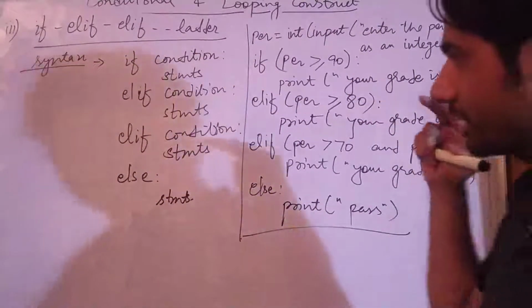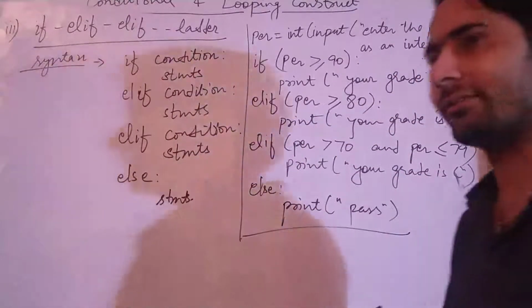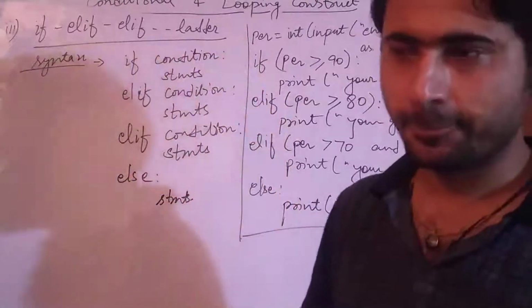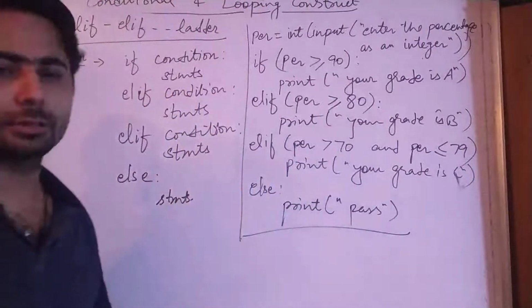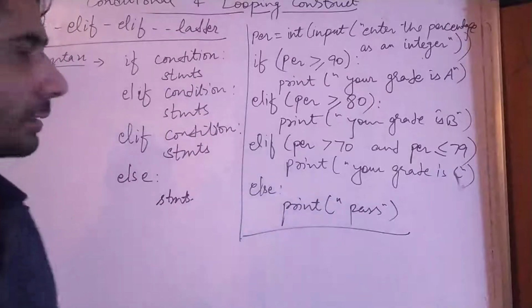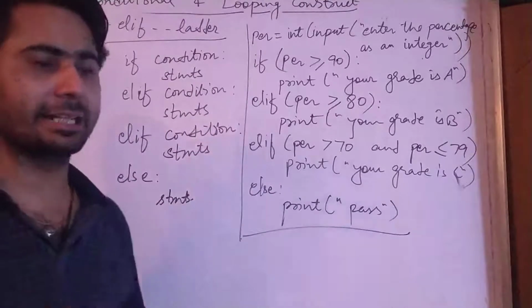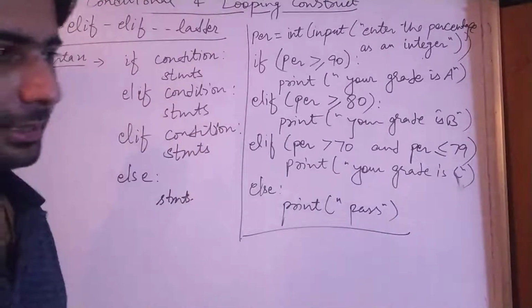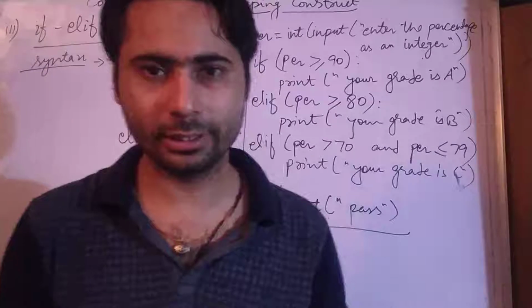Now the condition is the if-else statement. Now you have to use the if-else statement. Okay, and the last control statement will be nested if-else, that we will continue in our next video. Okay, thank you.